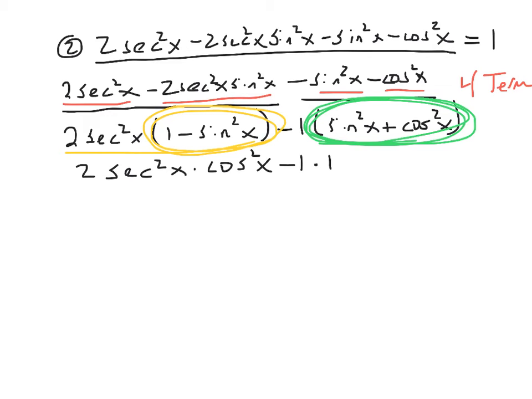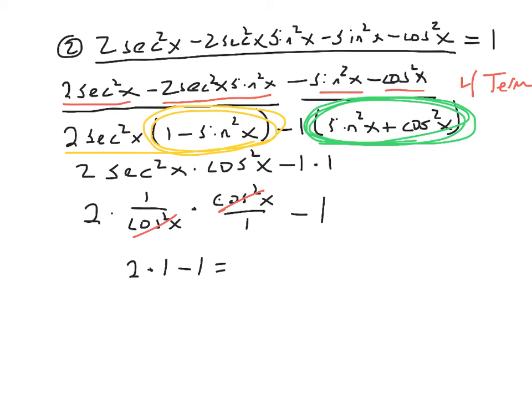That's a Pythagorean identity. So now, secant squared can be written as 1 over cosine squared times cosine squared over 1 minus 1, then these cancel, which just gives me 2 times 1 minus 1, which is 2 minus 1, which is 1, which is what I was trying to get.